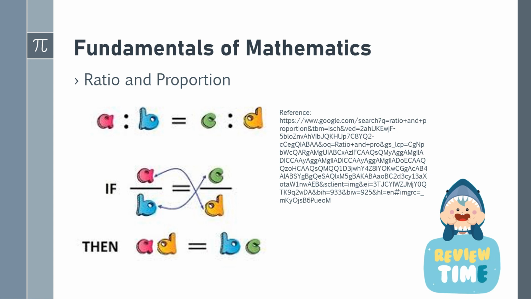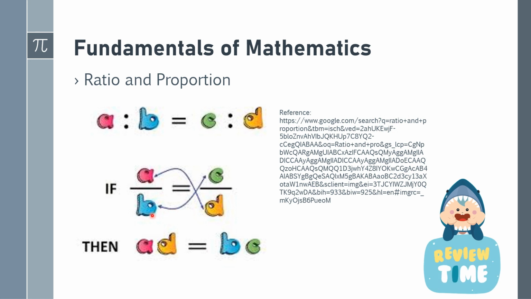Now, this proportion, take note, can be converted into fraction. So, wherein A is to B can be written as A over B, at C is to D naman can be written as C over D.